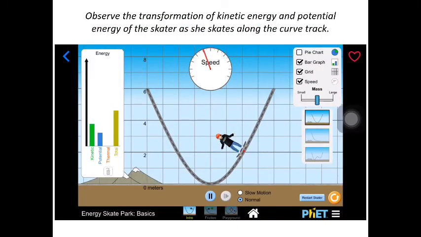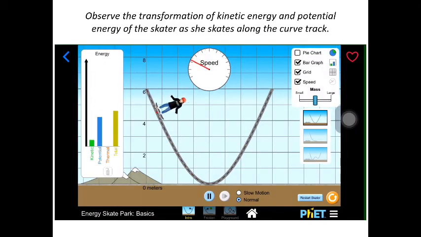Using the Energy Skate Park Basics, let's observe the transformation of kinetic energy and potential energy of the skater as she skates along the curved track. When her potential energy becomes high, how about her kinetic energy?